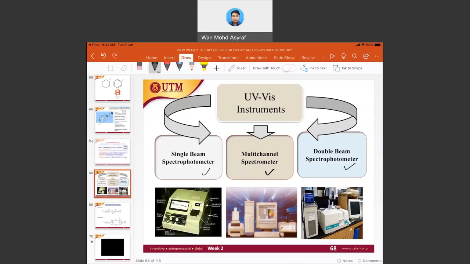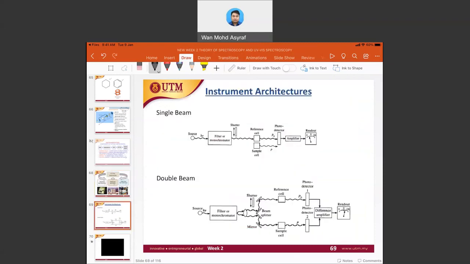The first thing that you're going to look at is the instrument architecture of a single beam versus double beam. So this is a single beam UV-Vis spectrometry, and the second one is the double beam spectrometry. So what is the difference?